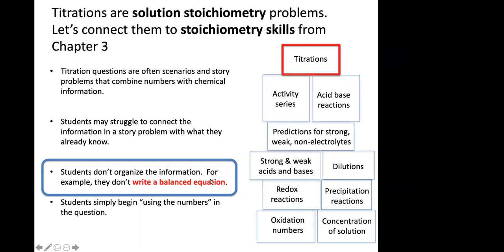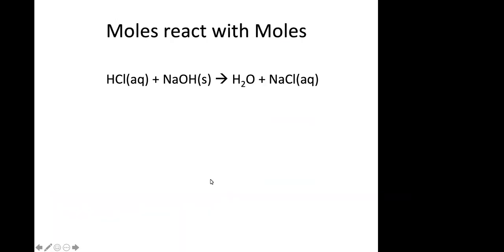So let's make sure we have that when we're looking at them involving solutions. So first thought then is, let's think about this like we did in chapter 3. When we first were looking at equations, first looking at reactions, we would make sure they're balanced. And if I look at this, this looks to be balanced. Second is we recognize that moles react with moles.